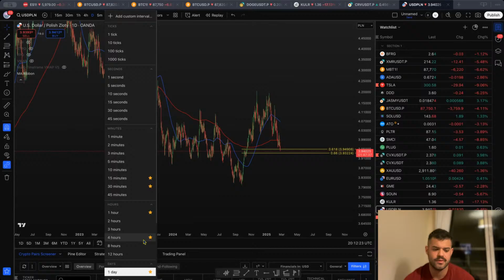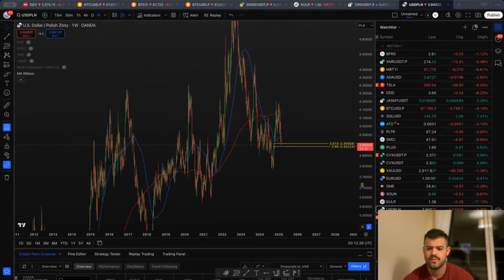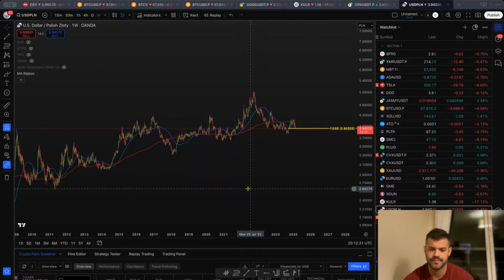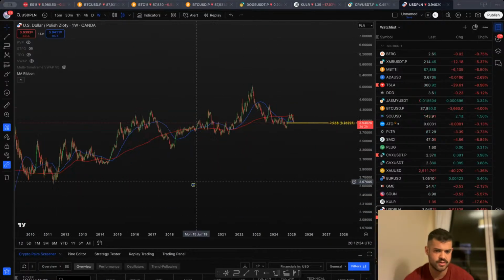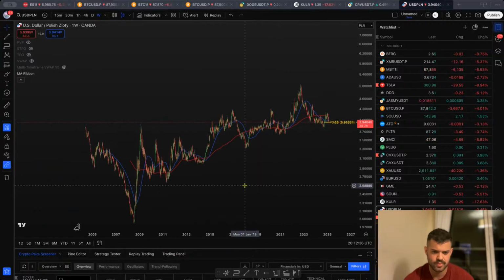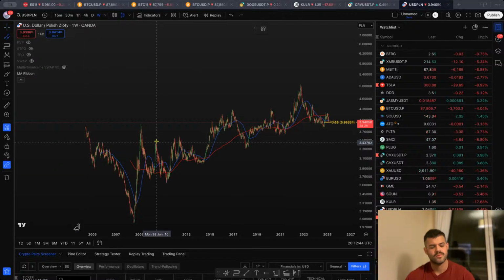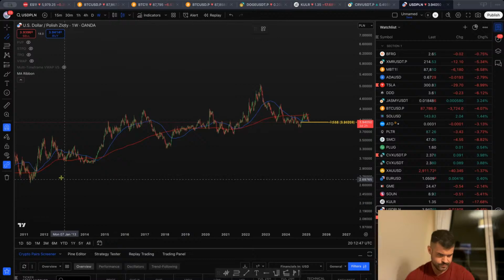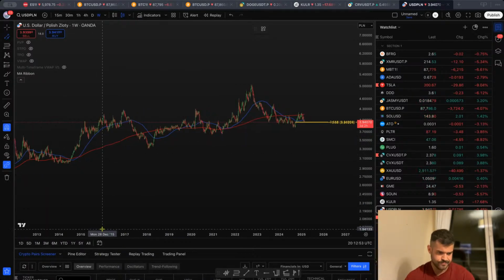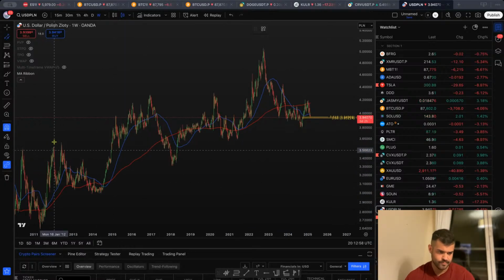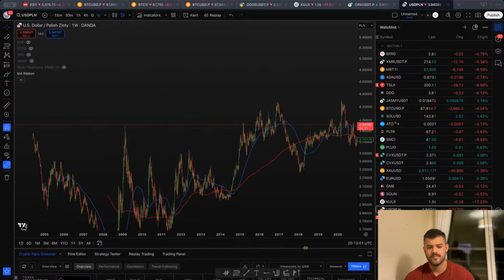Put it on the weekly. This is the local golden pocket. Let's just have a look on a larger time frame here. Following a nice trend line, parallel channel. Right.